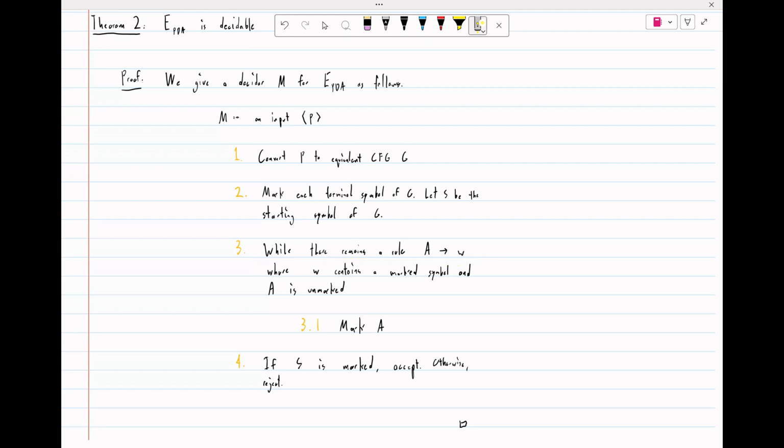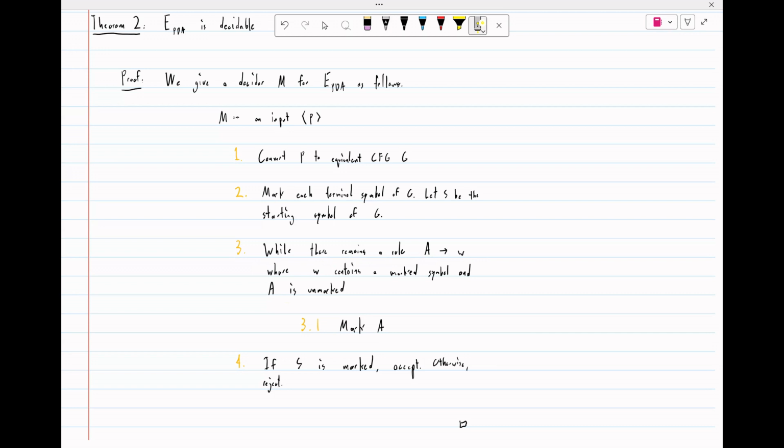procedure where you start by marking all the terminal symbols of your CFG. Then, while there remains a rule of the form A to W, where A is a non-terminal symbol and W is a string of terminal and non-terminal symbols that contains a marked symbol, and A is unmarked, you just mark A. So you're backtracking up.